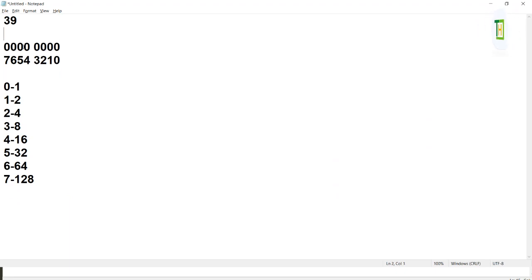Binary value for 39. What is the nearest value, 2 power 5 or 8? Again, 2 power 5. I'm going to put 1 here. Then 32 minus 32.